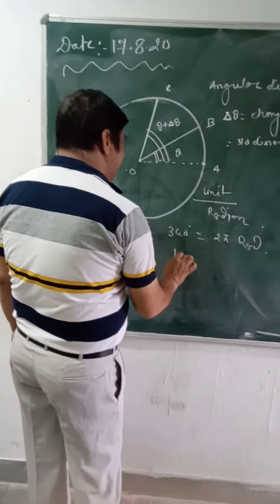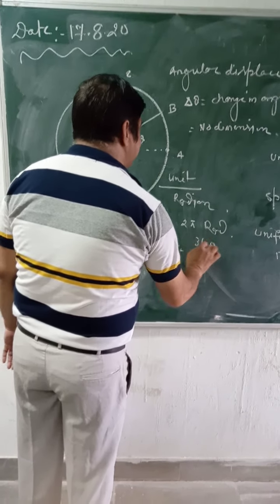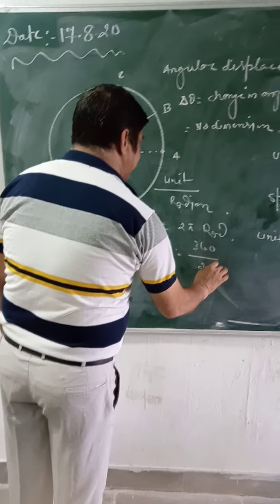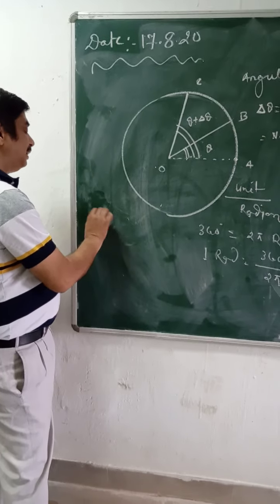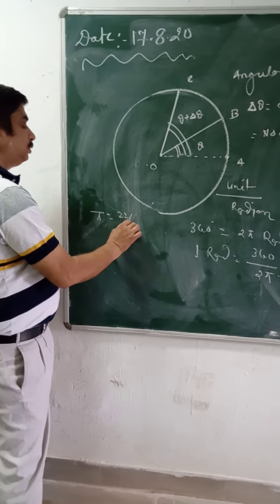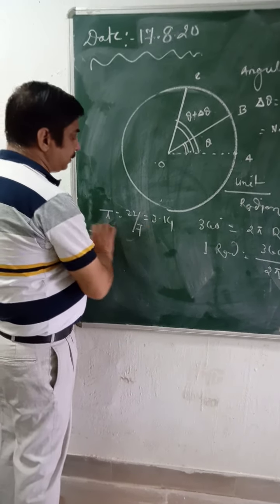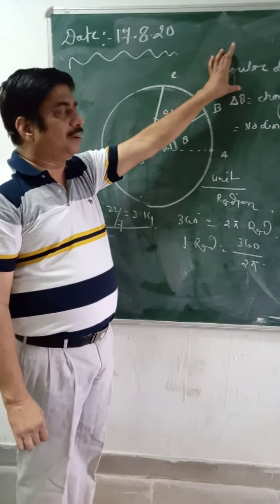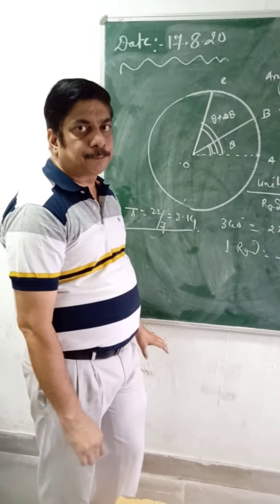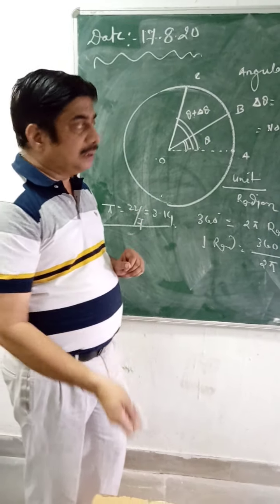So 1 radian is equal to 360 divided by 2 pi. And this pi is equal to either 22 by 7 or 3.14. With the help of this, we can find the angular displacement. This angular displacement is clear.